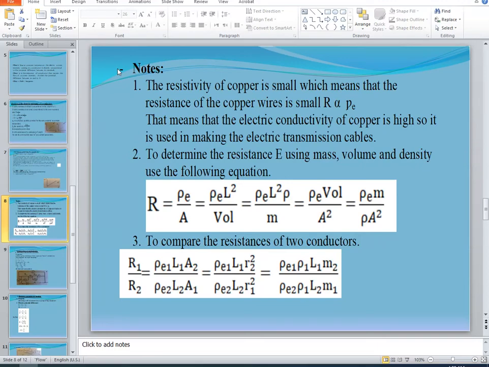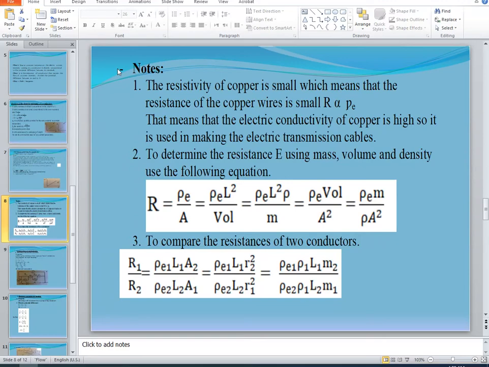This is because the resistivity of copper is very small, which means that the resistance of the copper wire is very small. As the resistivity decreases, of course the resistance will decrease, because R is directly proportional to rho E, which is called resistivity.